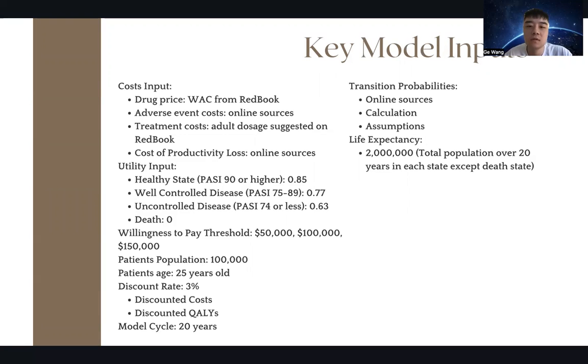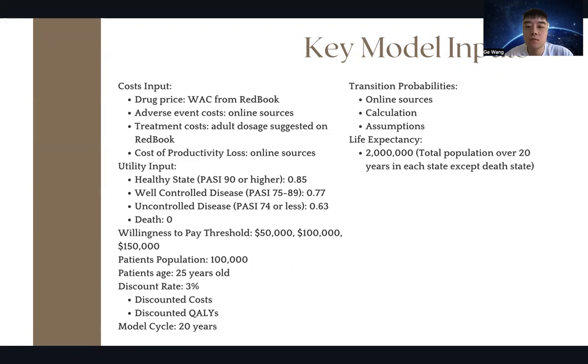And for our utility input, there are four states we are considering: healthy state, well-controlled disease, uncontrolled disease, and death. Our willingness to pay thresholds are 50,000, 100,000, and 150,000. Our patient population size is 100,000, and their age is 25 years old.